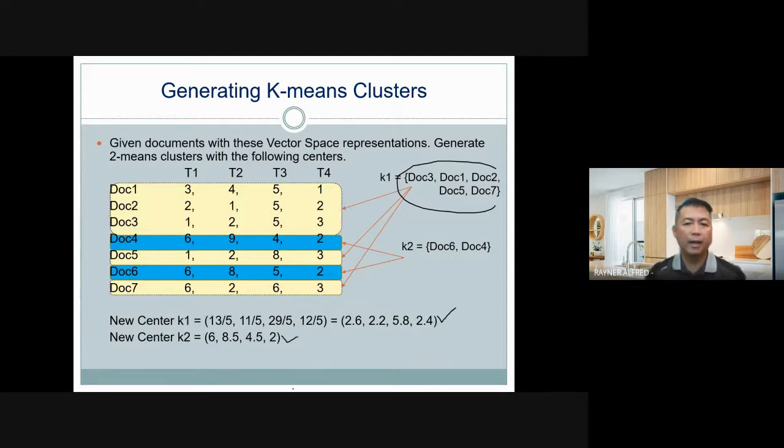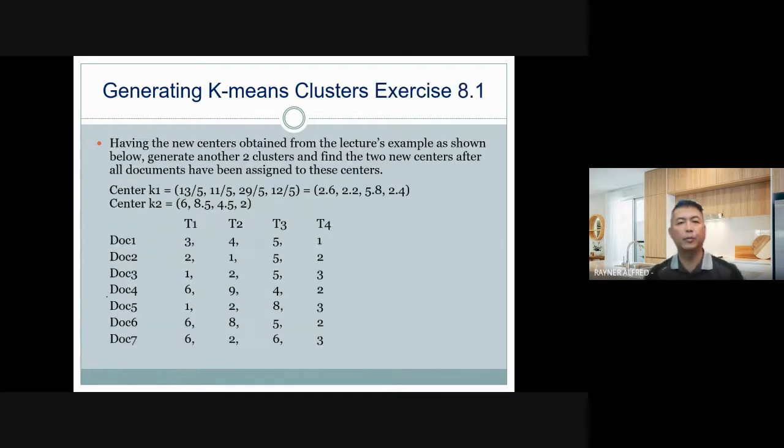So again, with the new centers for K1 and K2, we will do it again for all the documents and assign them. Okay, so this is your new center. Okay, so this is your assignment number 7.